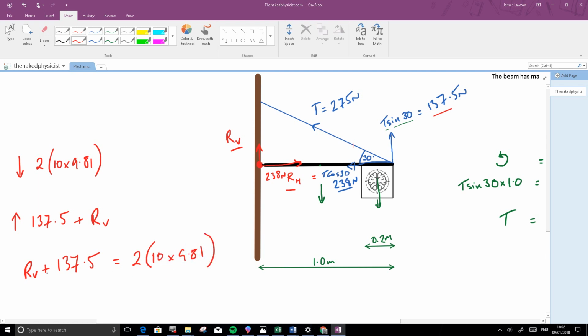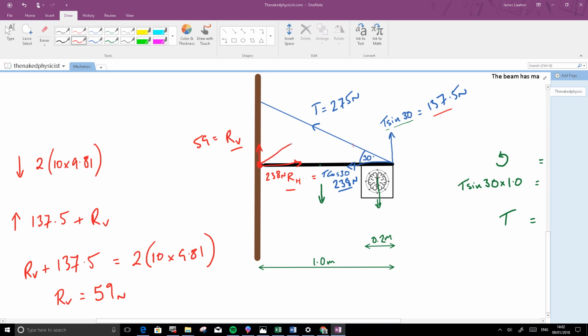These are the downward forces, these are the upward forces, they must be equal to each other, and we can shove this into our calculator and work out what the vertical force is. When we do that, it's going to come out to basically 59 newtons. Again, I'm rounding this for the sake of ease. So there we go. Now we know the horizontal component is 238. We know the vertical component is 59.